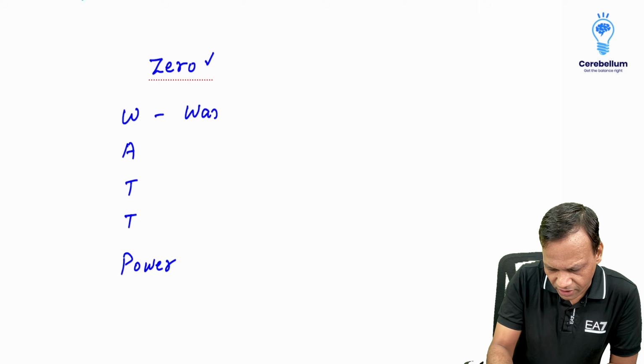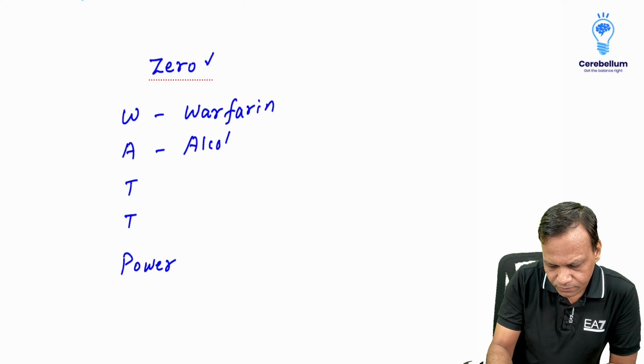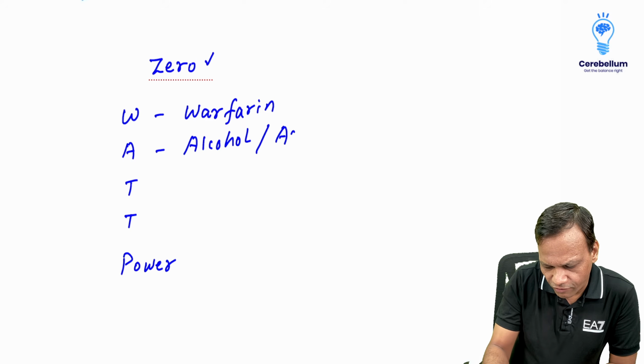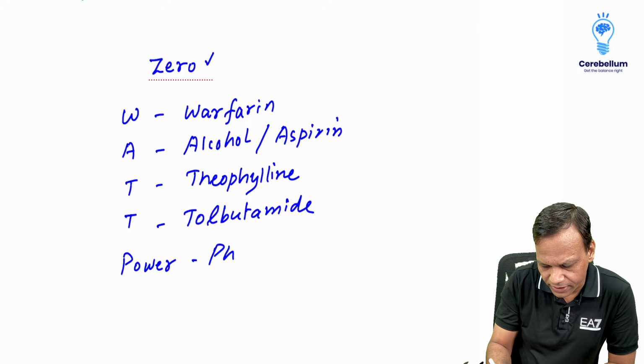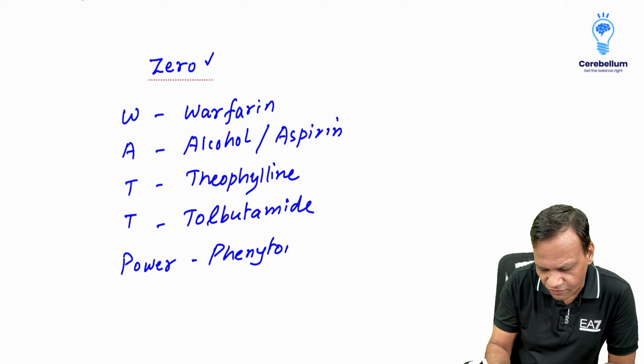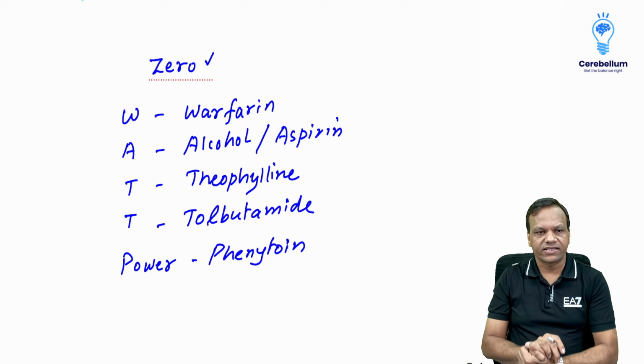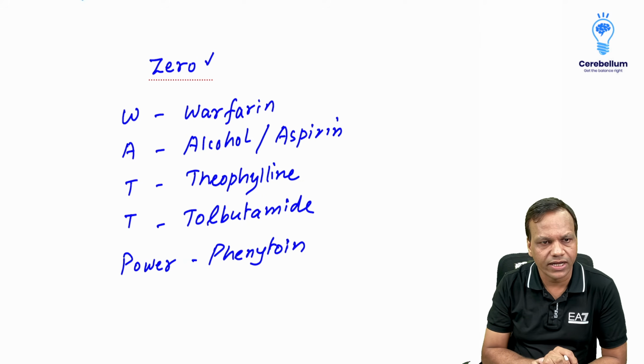W stands for warfarin. A is alcohol, and also A for aspirin. T is theophylline. T is tolbutamide, and P is phenytoin. So these are the drugs which follow zero order kinetics.